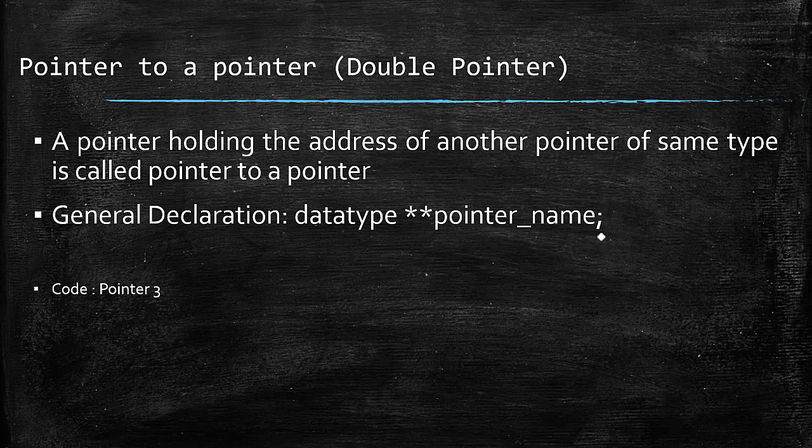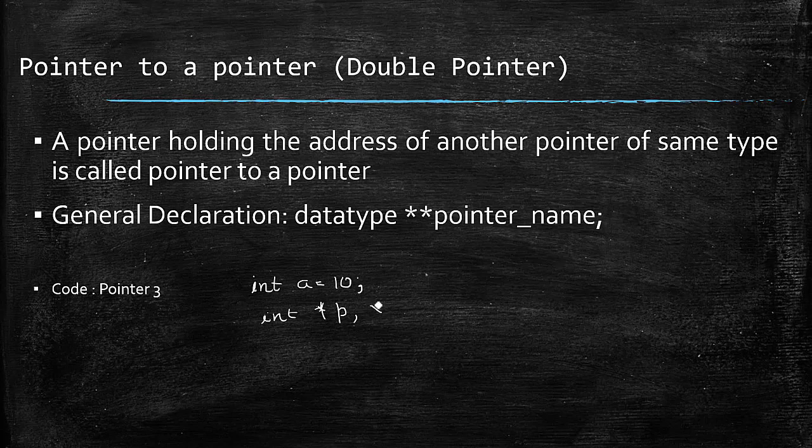Now let us see how it is working. Suppose integer a has value 10. Then we are declaring another pointer star p and a pointer to pointer, that is asterisk asterisk q.